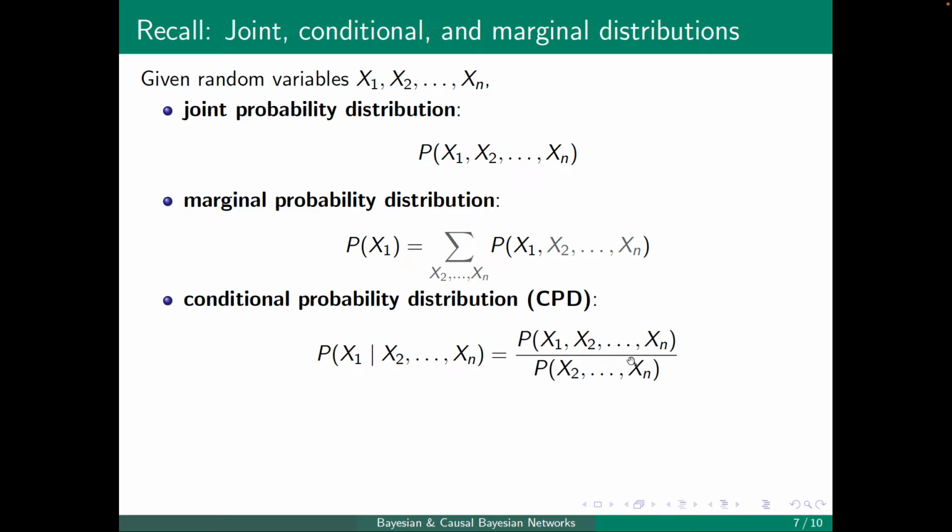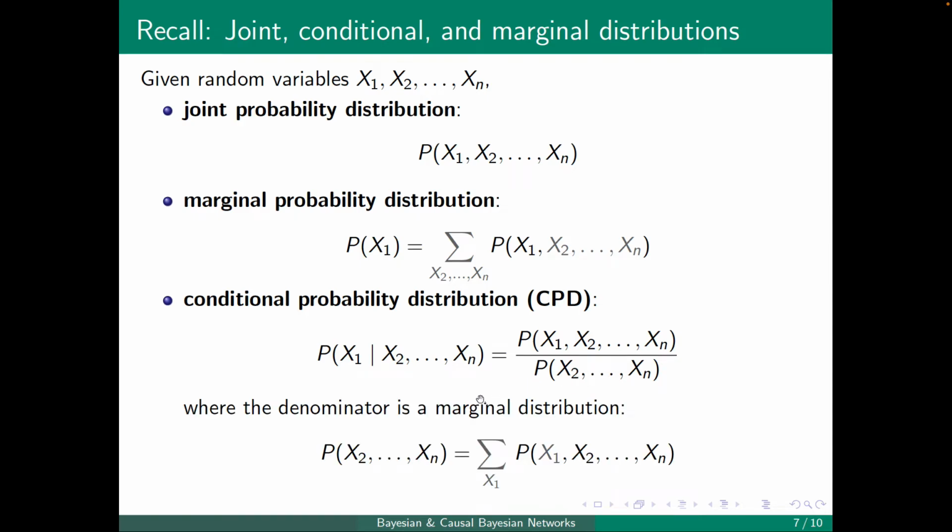And then how we calculate this is by itself a marginal distribution. Okay, so I need to take the whole distribution, the joint distribution of x1 to xn, and then marginalize out x1. I will end up with the denominator, and I can put it here.